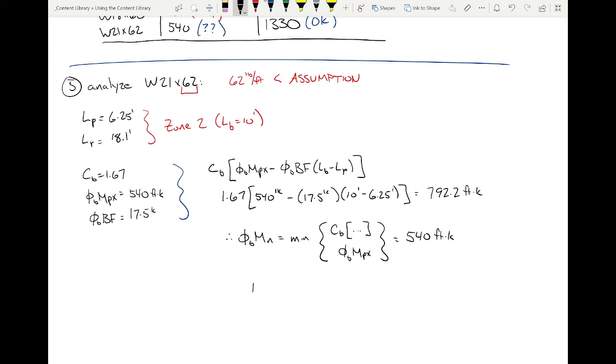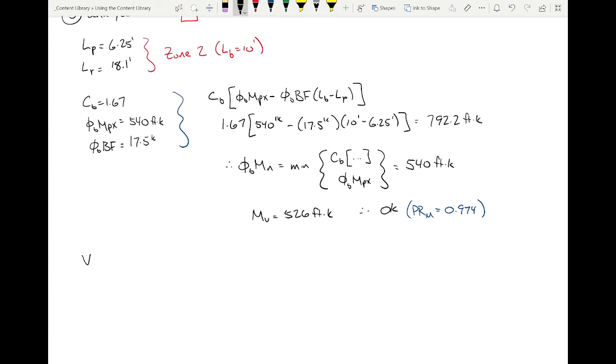Now, what was MU again? 526. Is this section okay from a flexural capacity standpoint? Yes. Now, if you want, you can compute a performance ratio, and it's pretty high. It ends up being like 0.974. That's a pretty efficient design right there. 97% efficient. That's not bad.